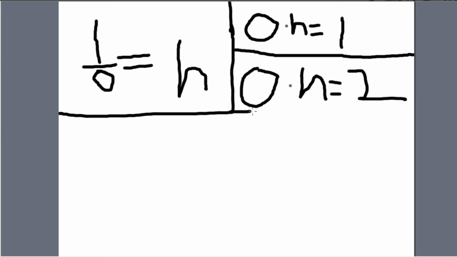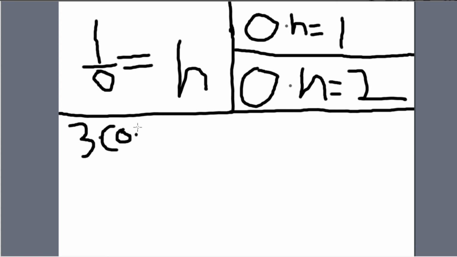Let me just draw this line back. So by that logic, 3 times 0 times h should equal 3, right?